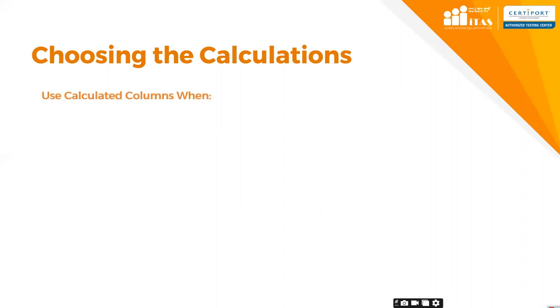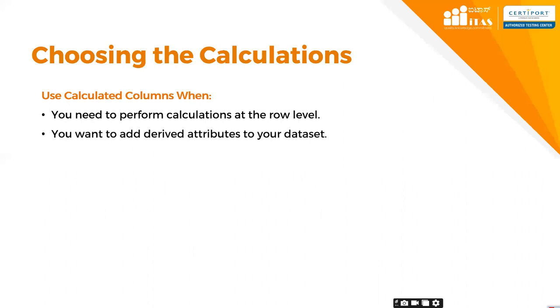Right. Next, choosing the calculations. When should I use the calculated columns? Whenever you need to perform calculations at row level, okay, then I'll be using calculated columns. Whenever you want to add new attributes to the data set, then I'll be creating calculated columns.